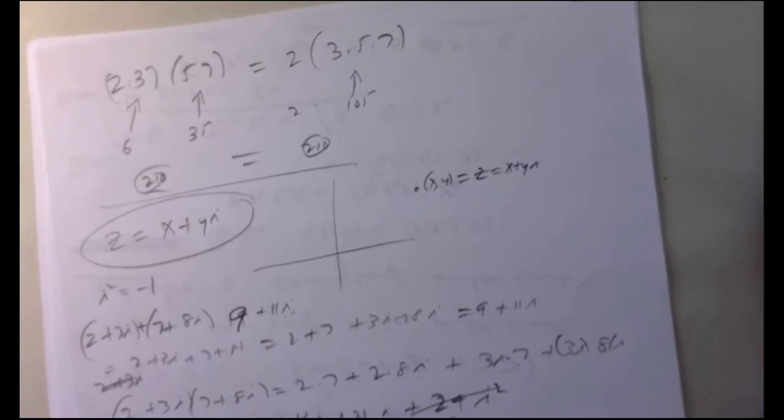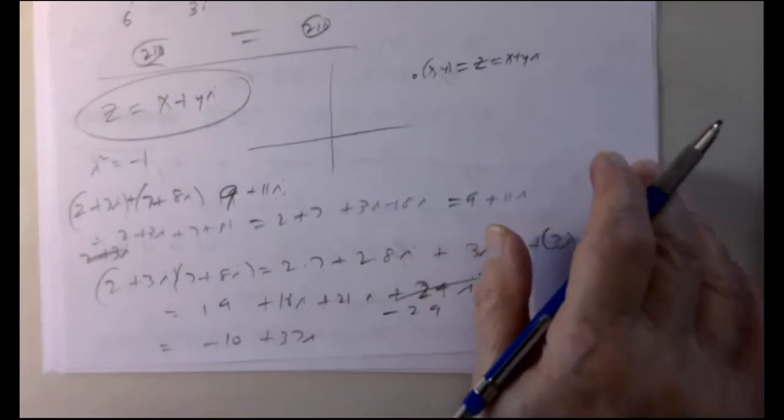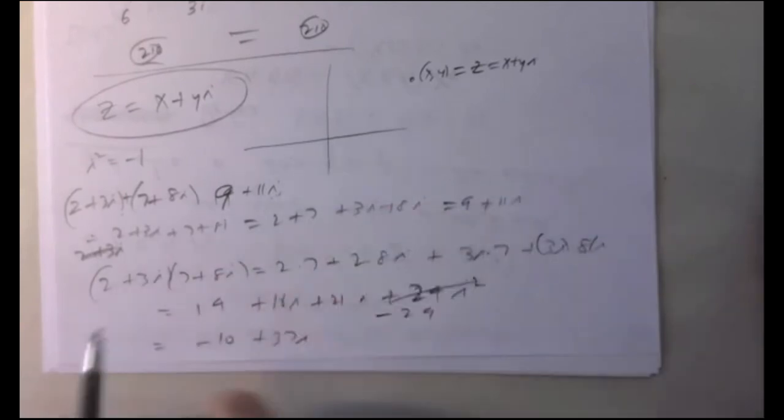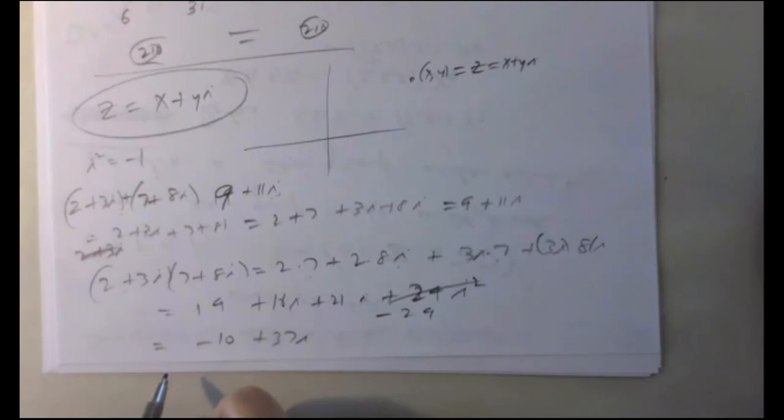So you get -10 plus 37i. Just go anywhere on the internet and look up complex numbers, and you ought to know how to add, subtract, multiply, and divide them.